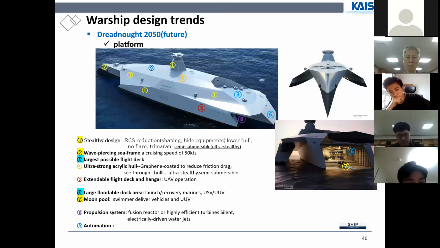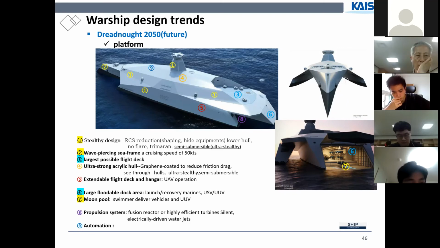Propulsion system is a fusion reactor, very high efficiency turbine, silent electrically driven water jet may be adopted, and very, very, very high level automation. This is the platform that kept the design trends.